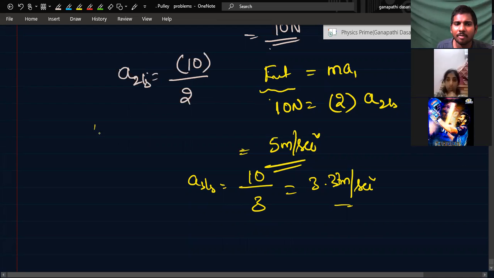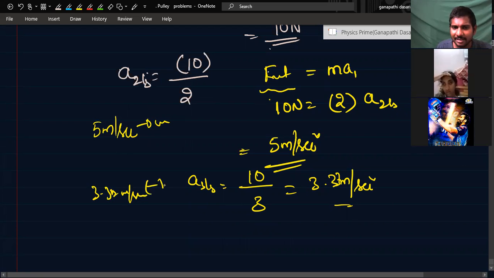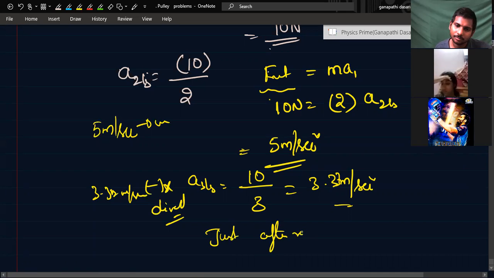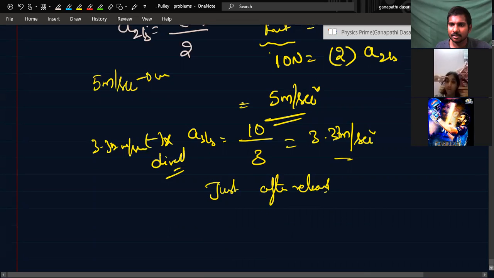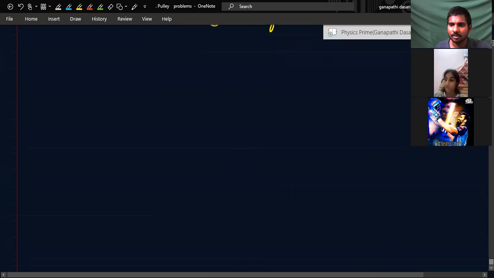On the 2 kg block, 5 meter per second square in the positive x direction. On the 3 kg block, 3.33 meter per second square in the negative x direction. Got it or not? This is just after release, okay? I got this sir, but I have a doubt whether it's right or not.